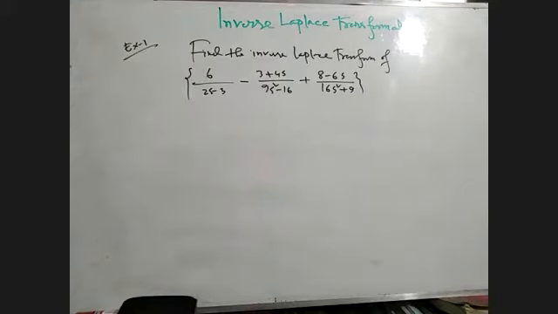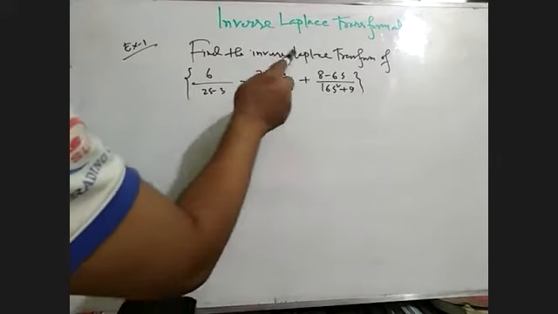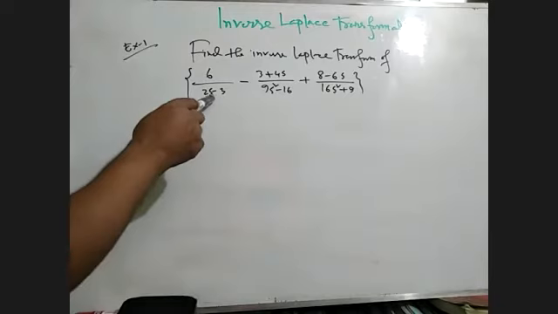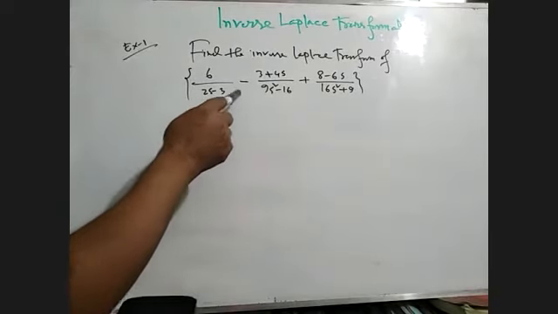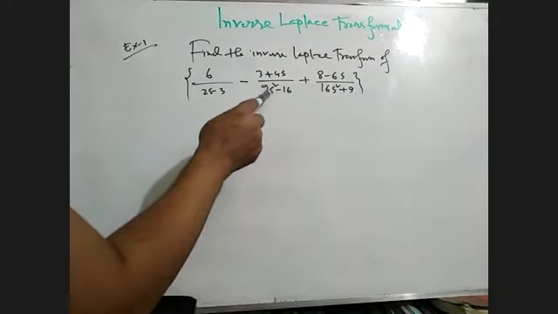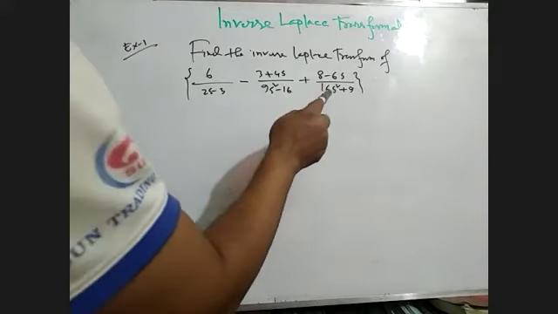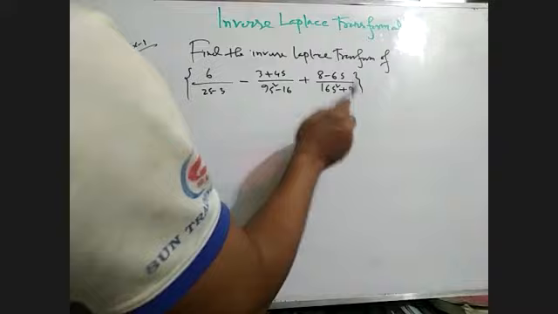Now, important example 1: find the inverse Laplace transformation of 6 divided by 2s minus 3, plus 4s divided by 9s square minus 16, plus 8 minus 6s divided by 16s square plus 9.